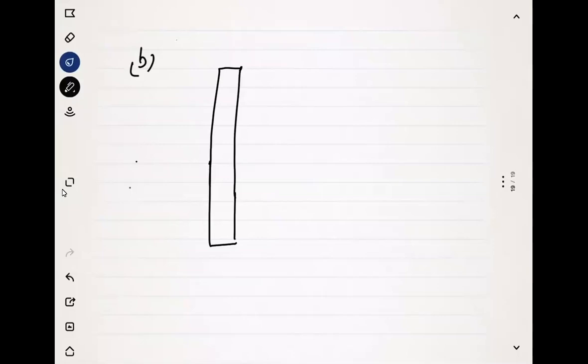Here one of the forces is T and the other force is mg. You see, mg is already perpendicular.